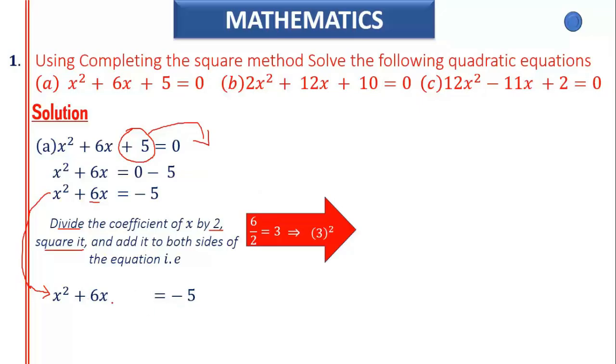Adding to both sides of the equation implies that we'll have 3 squared added to the first side, and 3 squared added to the other side too.